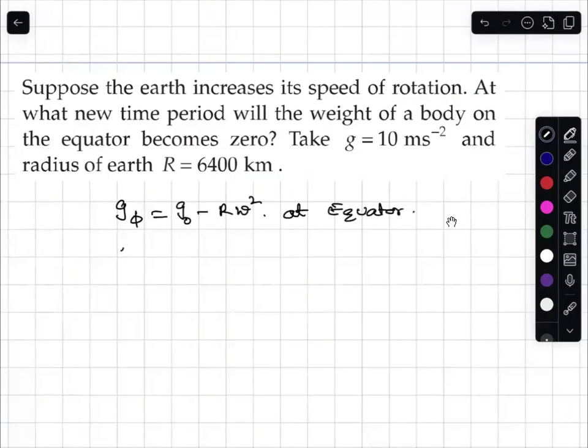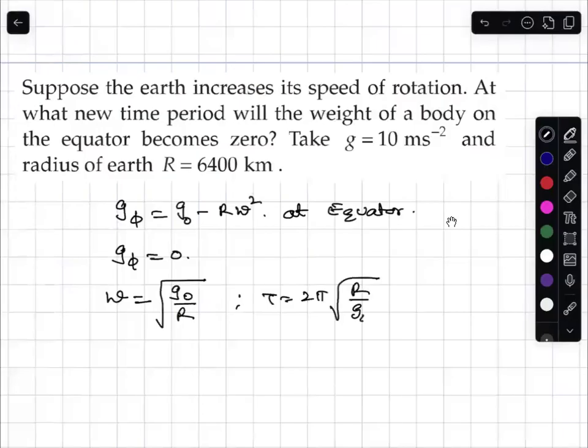So what you want is g' equal to 0. So omega is root of g0 by R.